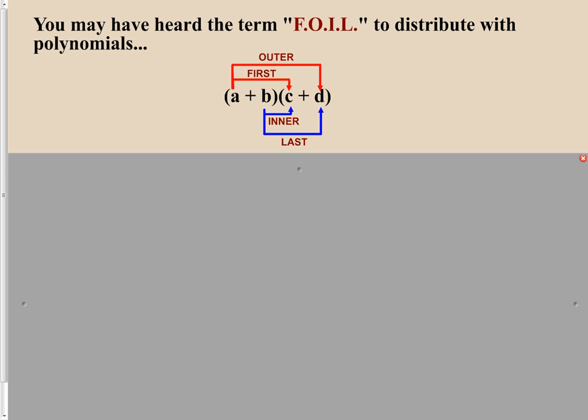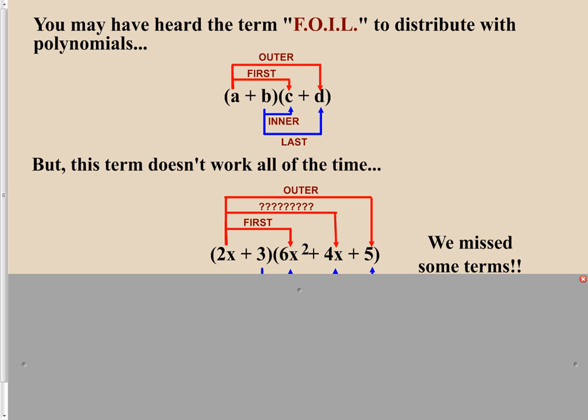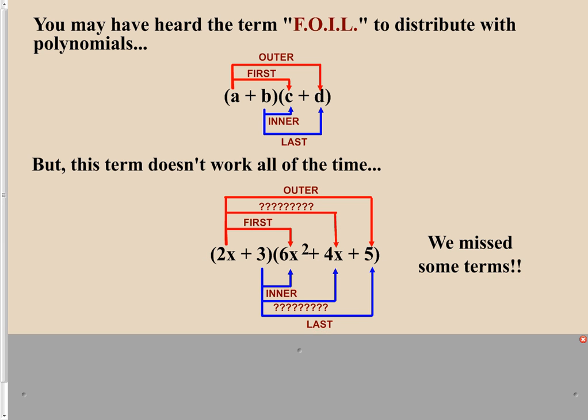However, what we're going to see here in a moment is that the FOIL method is actually very narrow in its focus, and it does not work all the time. If we look at something more like this, where instead of a binomial times a binomial, we have a binomial times a trinomial, and you try to use the FOIL method as the junior high teachers taught you to, look at what happens.